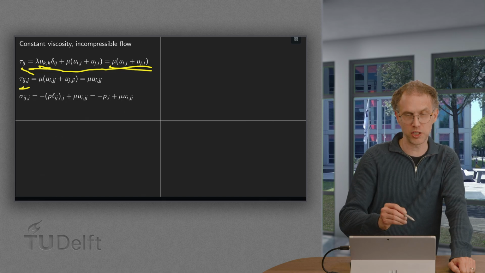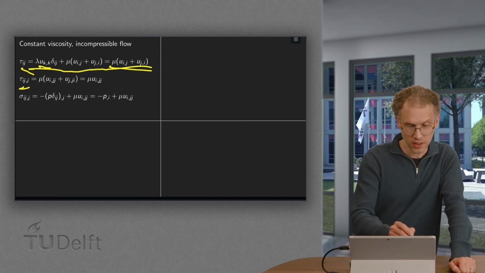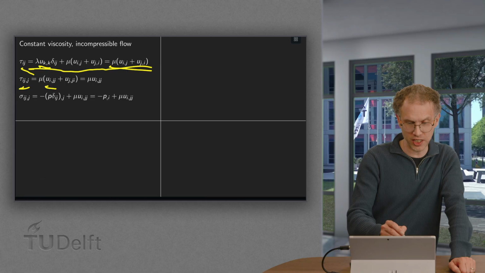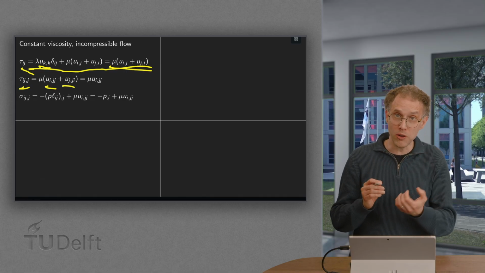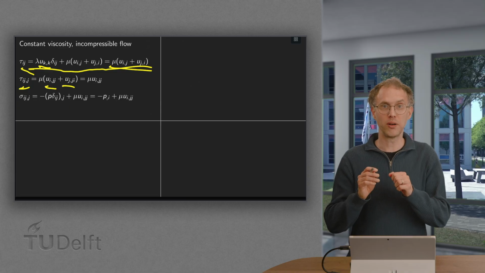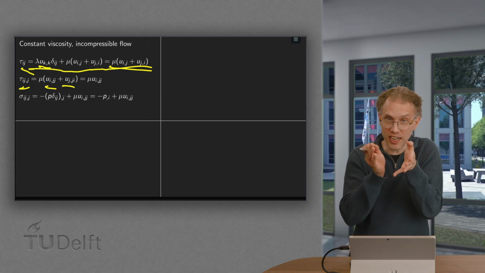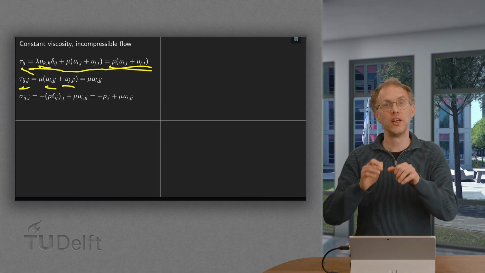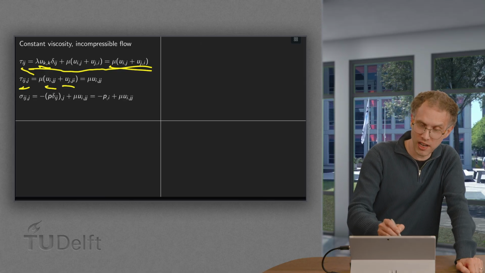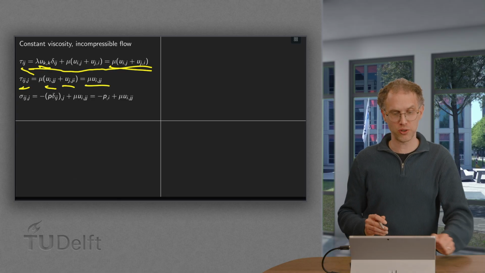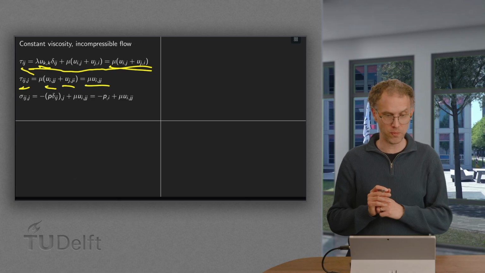So if you differentiate with respect to xj, you have a ui comma jj plus a uj comma ji. But here we also simplify because uj comma ji equals uj comma j, and then differentiate. But we are incompressible, so uj comma j equals 0. So we're only left with the first term, viscosity times basically the Laplacian of u.